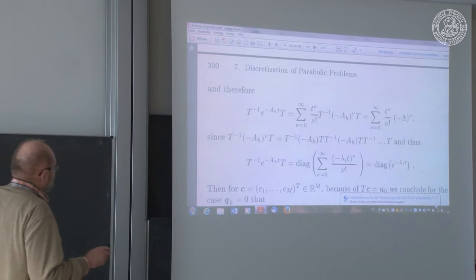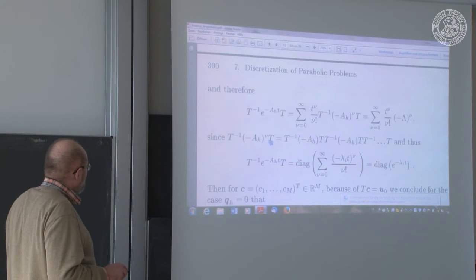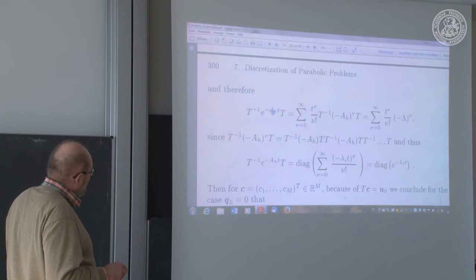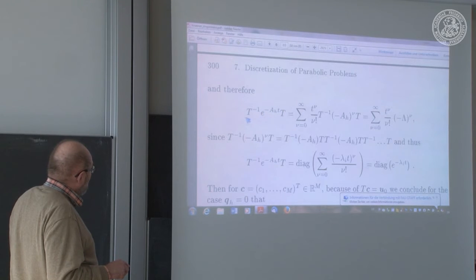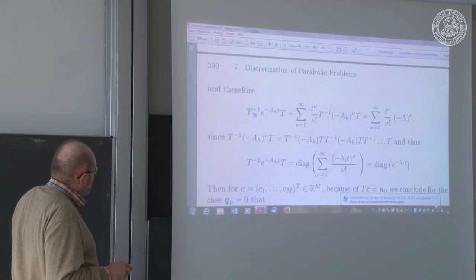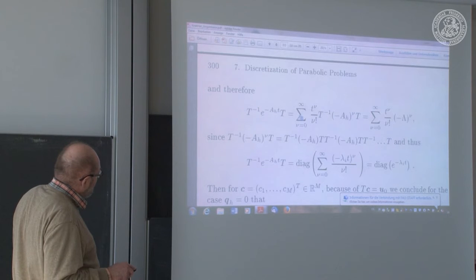Okay, now we do the same similarity transformation, starting so to speak from the back, on the matrix exponential. What does that mean? This operation of a similarity transformation is a continuous operator on the space of matrices, so we can bring this through the limit: we can multiply this in, not only in the partial sum, but also bring this multiplication through the limit.